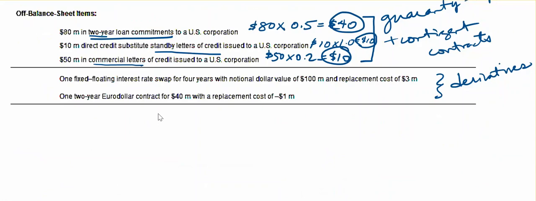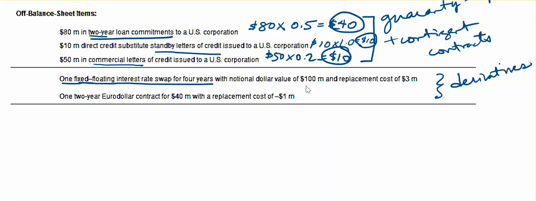Right now, the derivatives, remember that was a different way of calculating the credit equivalent amount. So we have a fixed floating interest rate swap for 4 years, notional value of 100, replacement cost of 300.